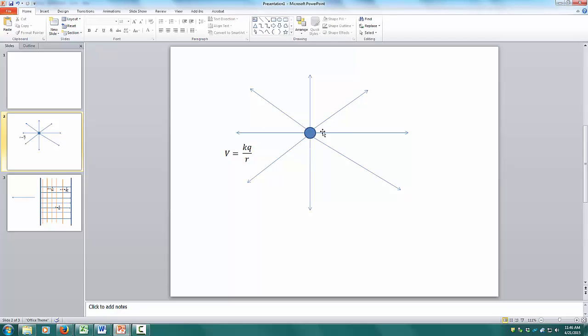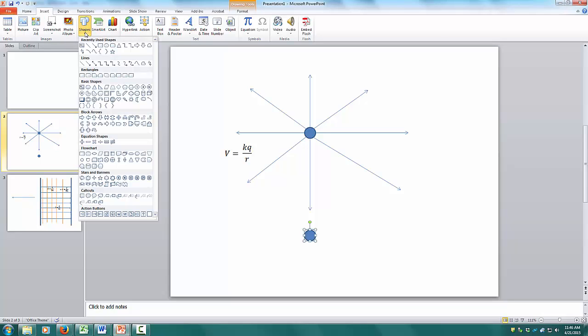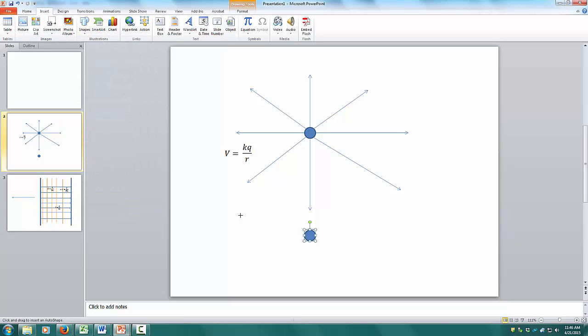And if I want to determine the potential from 2 point charges, I would simply, at any point in space, insert a point here. Say I'm talking about this point in space right here. At that point, I'd have to determine the distance from here to here, and then the distance from here to here, and those would be my corresponding r's.